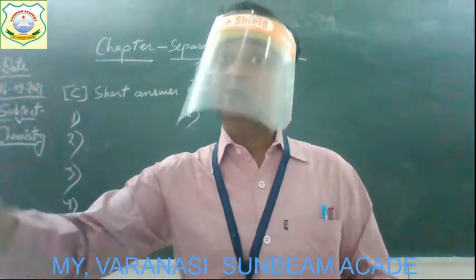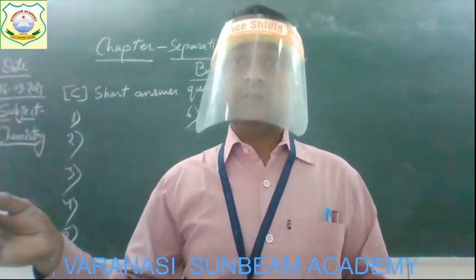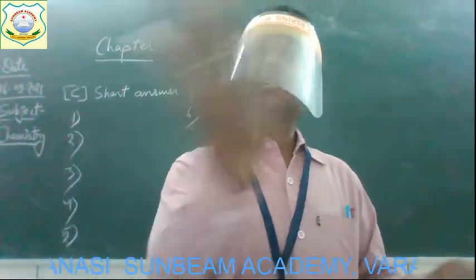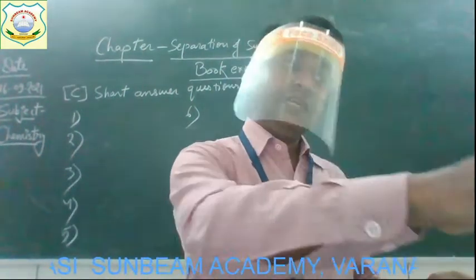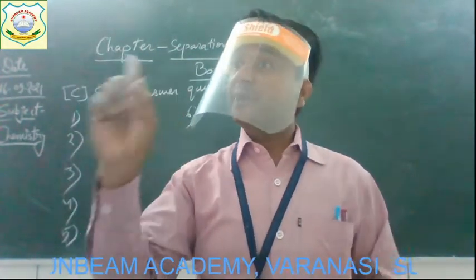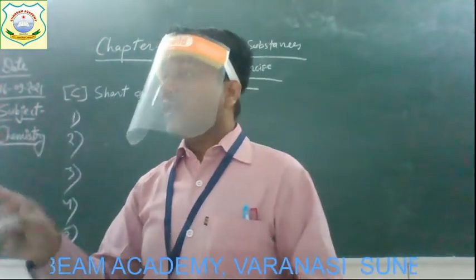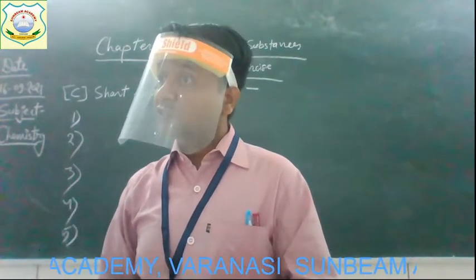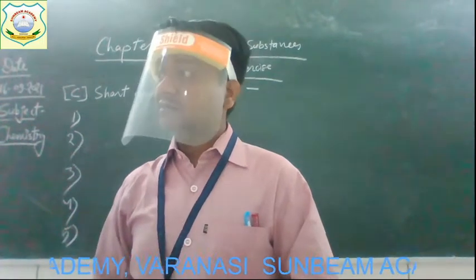It is very difficult to pick them one by one. But if one component is one color and the second one is another color, very easily we can pick them one by one. Alright. So the hand picking method can be used if the particles have different color, different shape and different size.